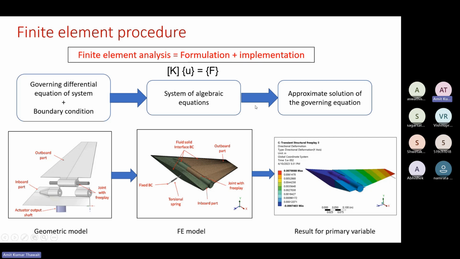So primary variable means U we will get, and then we go to another stage, that is called post processing. And in post processing we get our secondary variables like stresses and strains, which are calculated from this U. So this is the fundamental procedure.